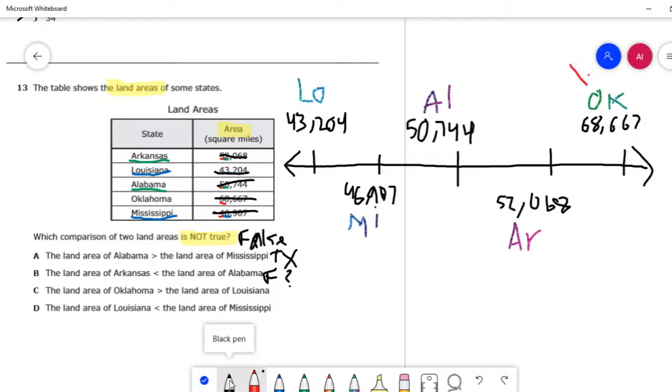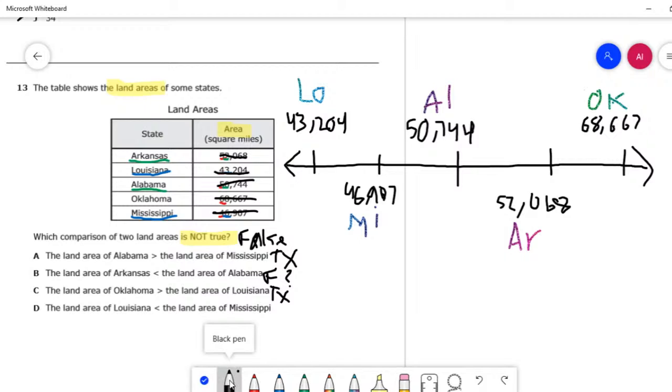Oklahoma is this one all the way to the right. And Louisiana is this one all the way to the left. So that tells us Oklahoma has to be larger than Louisiana. And that's exactly what our answer choice is telling us. So we can mark this answer choice as true, and because of that, it's wrong. Again, let's go back and erase those arrows.